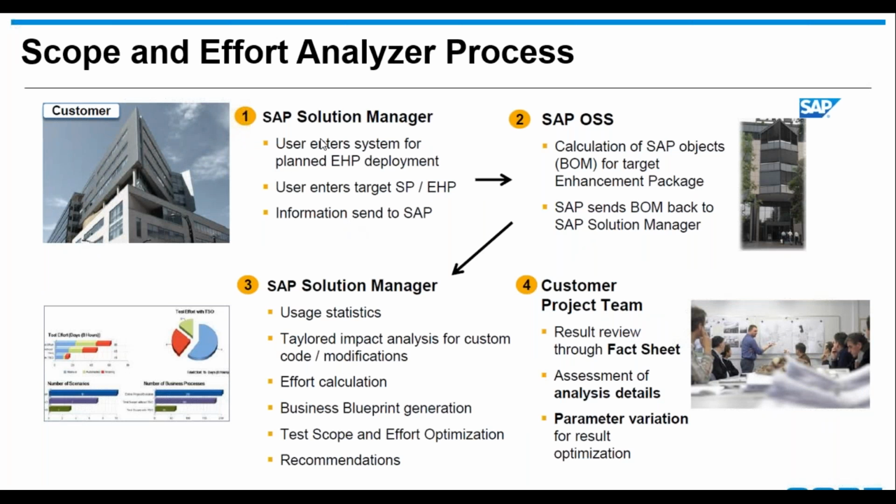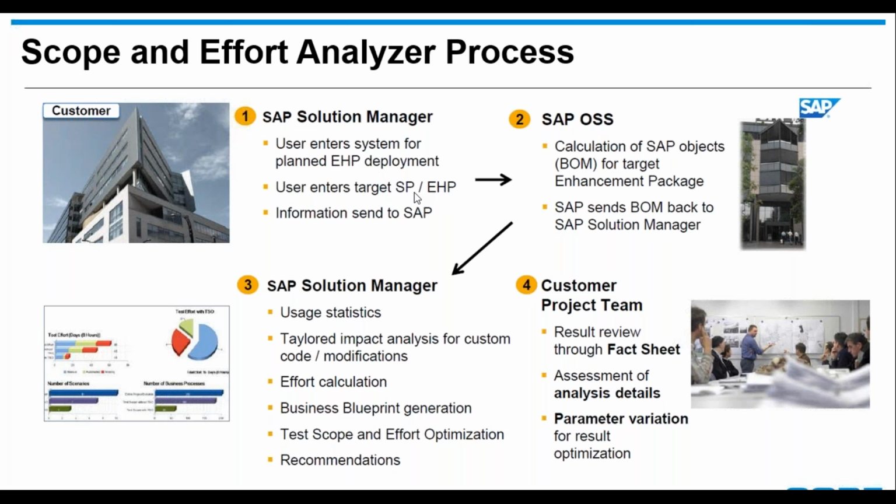So how does that happen? In Solution Manager, you go into the system, your managed system, your ECC system or SRM system, you connect into that system and you enter what the target support pack is.